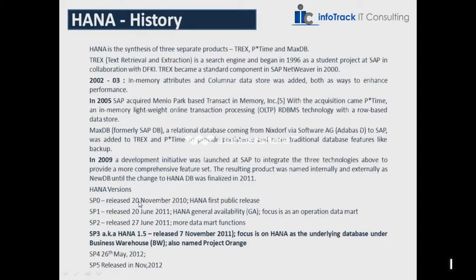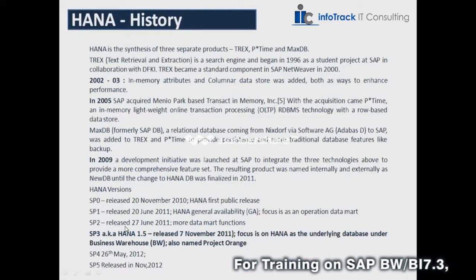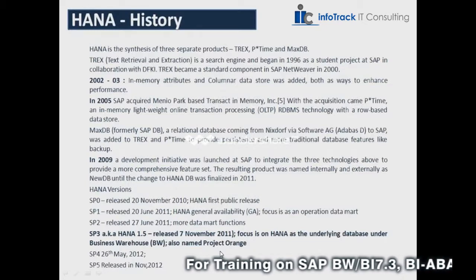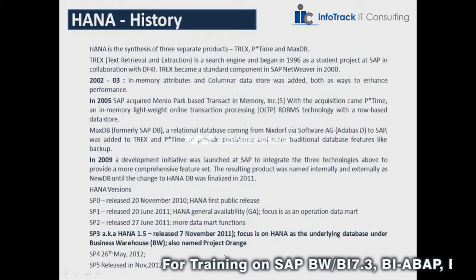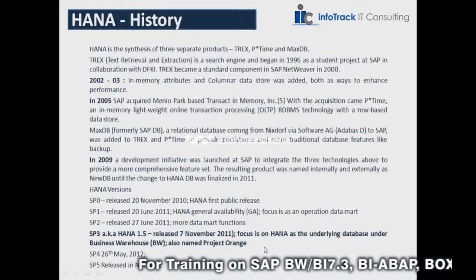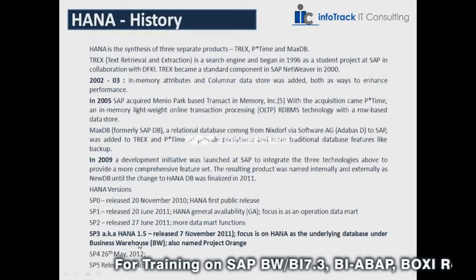SP2 was released in 2011, and more data-mart functions were implemented in Service Pack 2. Service Pack 3, HANA 1.4, was released on 7th November 2011. SP4 was released on 26th May 2012, and the latest release was in November 2012. So this is the brief history of HANA.